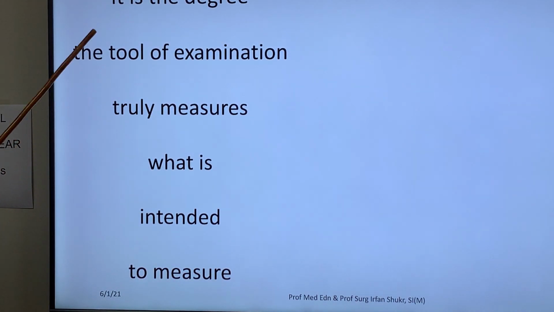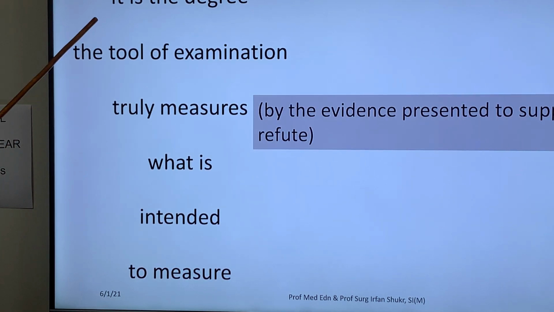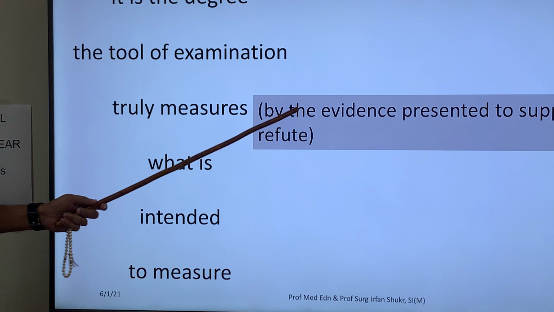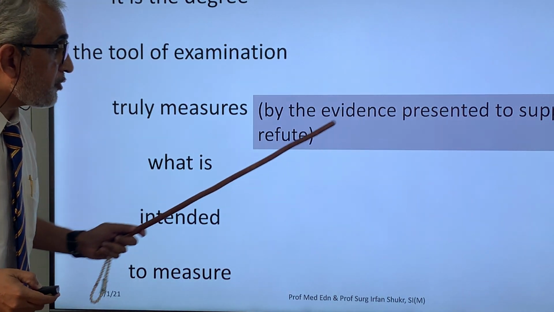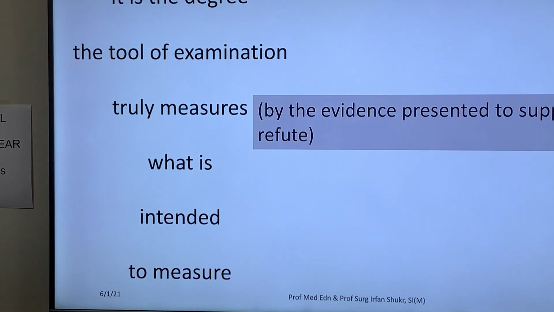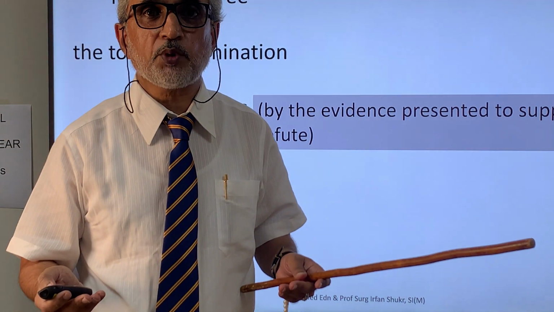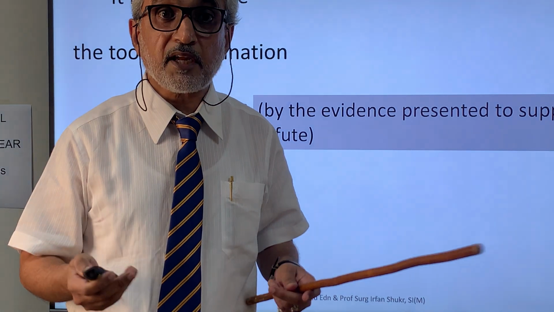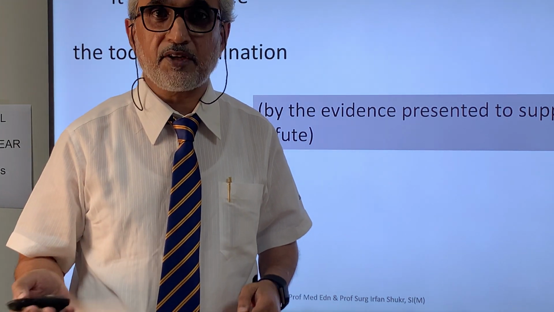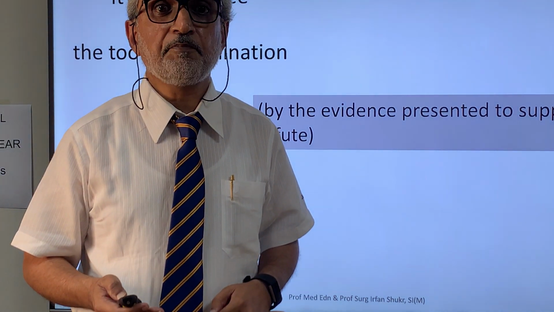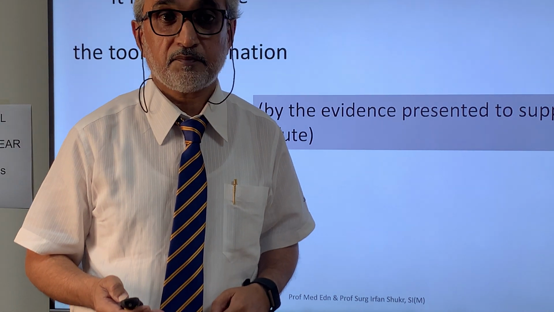As I was explaining, it is the degree the tool of examination truly measures what is intended to measure. We can say it is the degree the tool of examination truly measures by the evidence presented to support or refute. Obviously, we are going to measure the things by the evidence which is presented to us. And the commonest evidence which is presented to us are the results or the behavior of the students.